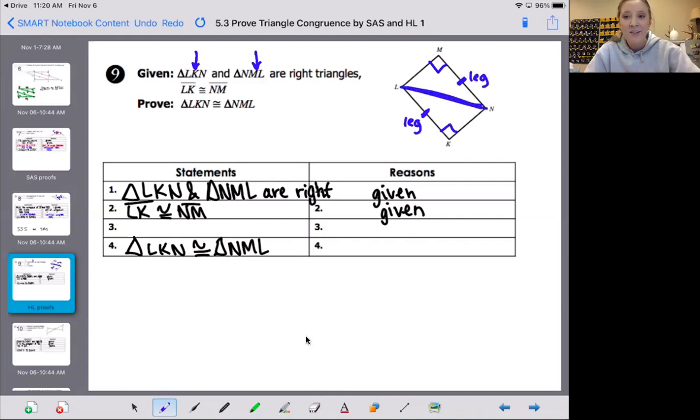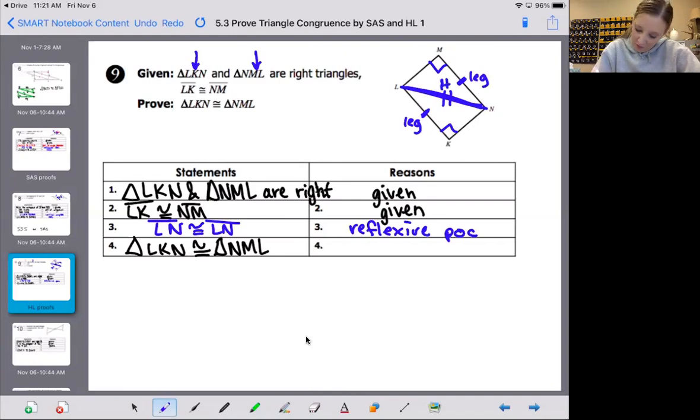But what's nice is that the hypotenuse is LN on both triangles. And so that second side that they're sharing there is the hypotenuse on both. So I'm going to say LN is congruent to itself by the reflexive property, of course. And so if you look at the picture, we have hypotenuse and we have leg, so we're done. They are congruent by the hypotenuse leg theorem.